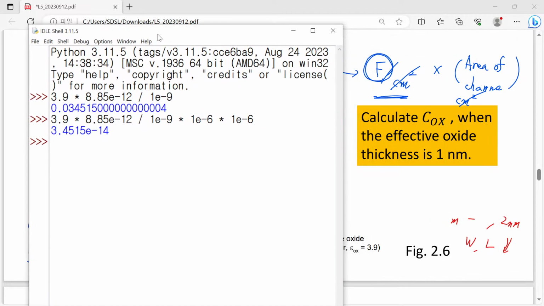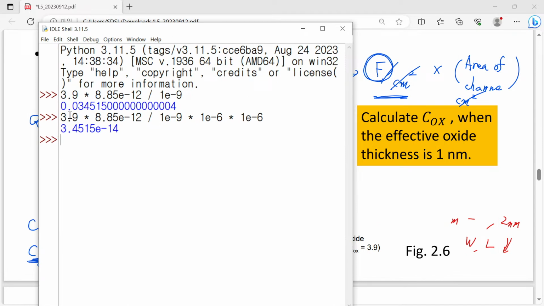Then let's do it. Here you can see the epsilon oxide. What is it? This 8.85 times 10 to the minus 12 corresponds to the vacuum permittivity. Instead of a vacuum, we have silicon dioxide as an insulating layer, so it has a relative permittivity of 3.9.